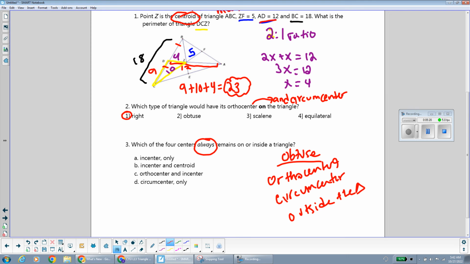So the ones that always remain on or inside the triangle are the ones that are not orthocenter and circumcenter. The two that are always inside the triangle are incenter and centroid. So that is B.